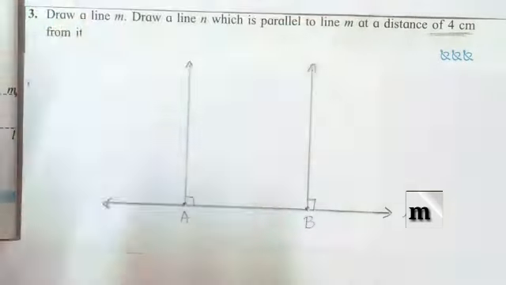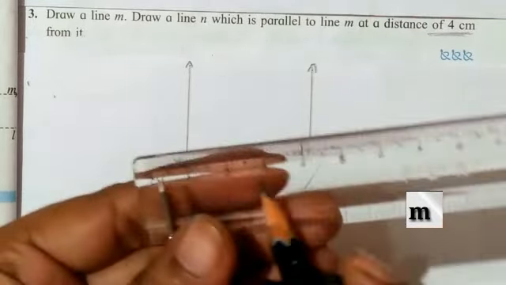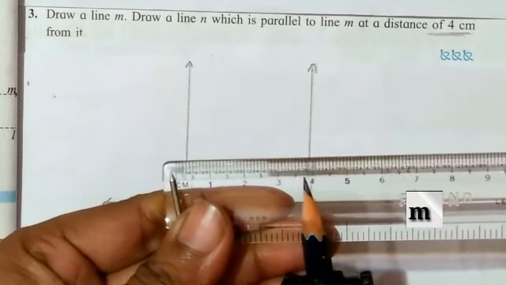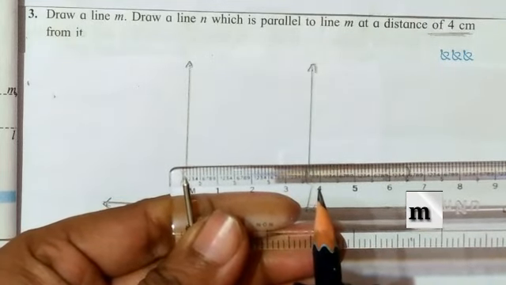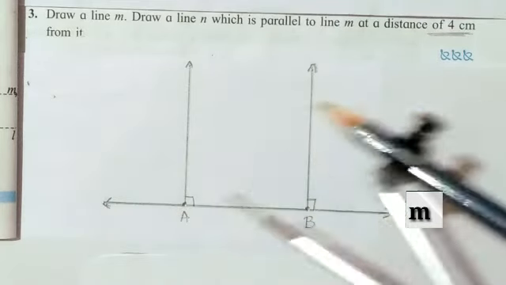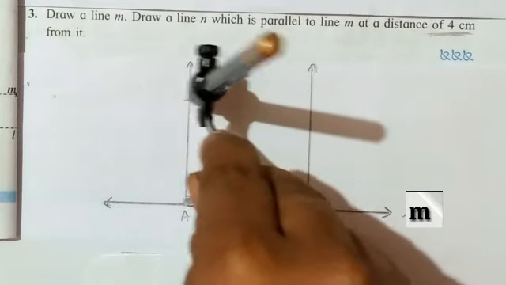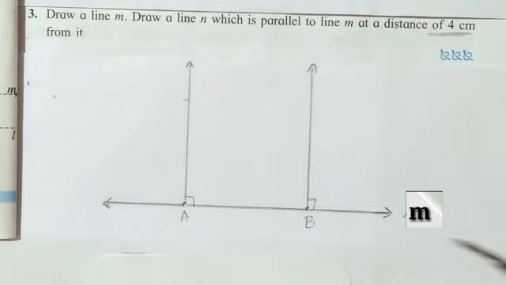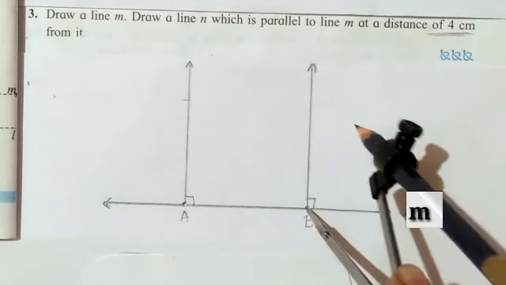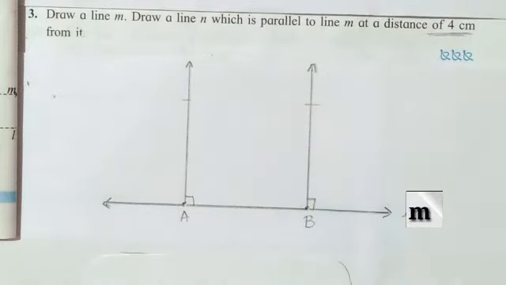Otherwise, by using the compass, you can take the measurement of 4 cm into the compass, put the metal point over the point A, and put one arc. Then the same distance we have to take towards the other perpendicular, put the metal point over the point B and put one arc over the perpendicular.